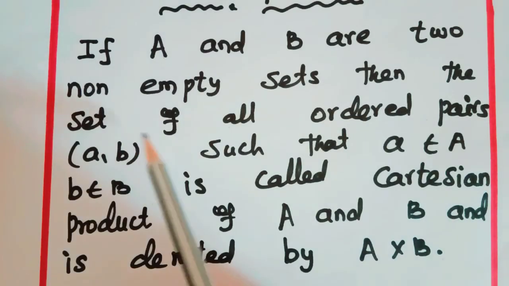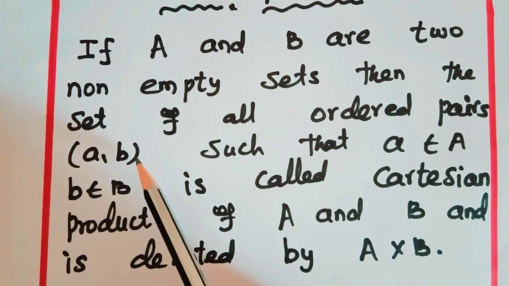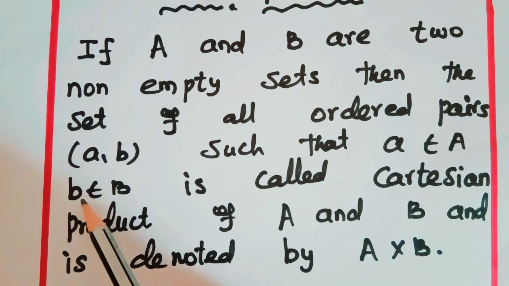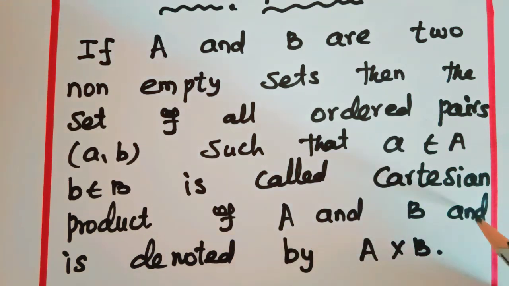Then the set of all ordered pairs (a, b) such that a belongs to A and b belongs to B is called the Cartesian product of A and B and is denoted by A cross B.